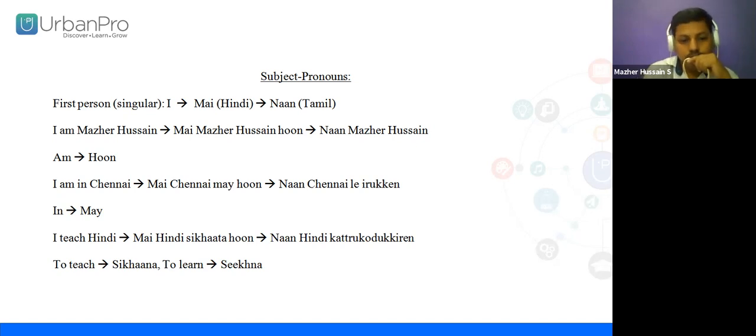And now the next sentence is main Hindi sikhata hoon. Here sikhana means to teach. Because we have two words: one is sikhana, and the next word is seekhna.